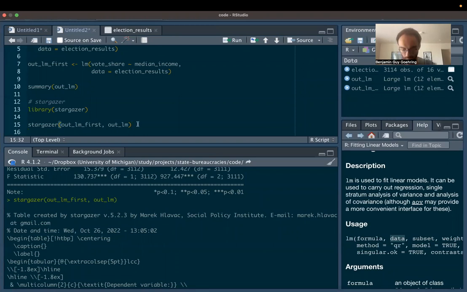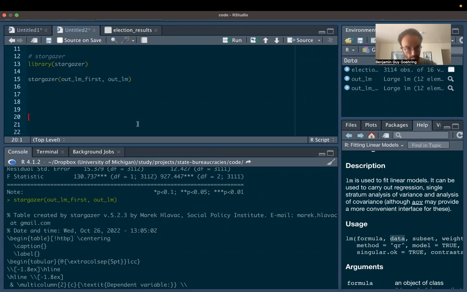Next thing here is I want to show you how you can kind of present these results visually. I think that oftentimes regression tables are tough to read and it's easy to zone out. I think that's especially true in presentations. I also think that's true in papers.